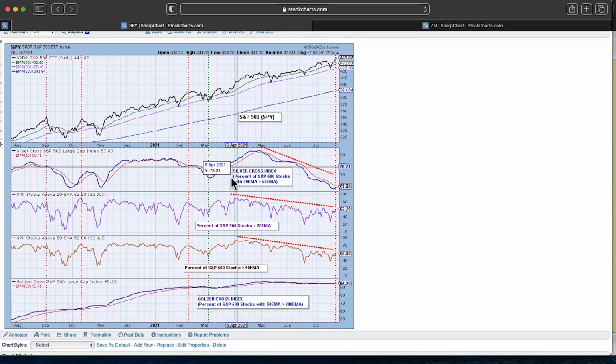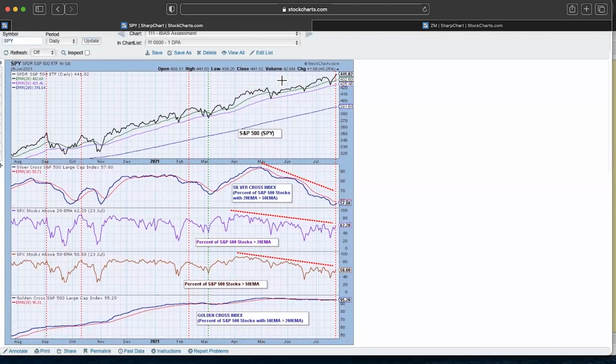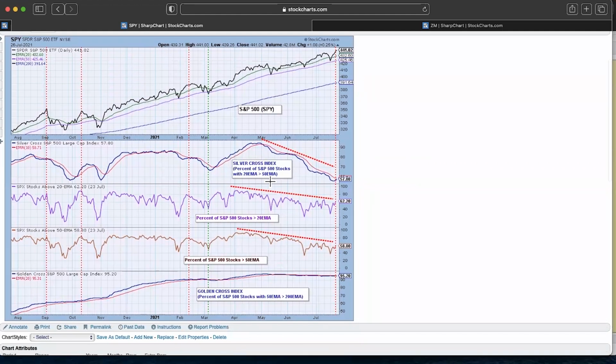So what we look at is that silver cross, the percent of stocks that have their 20 above their 50-day. And we are starting to see that scoop up, which I really like. So yeah, we're seeing that move on the SCI, moving upward.